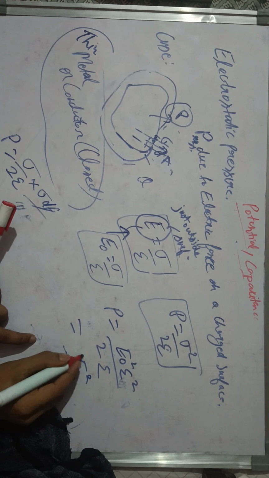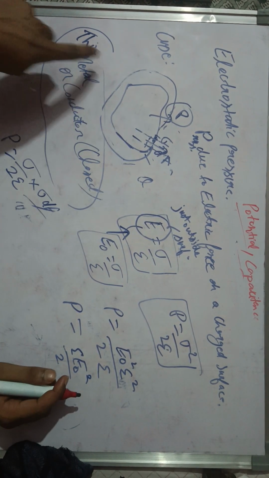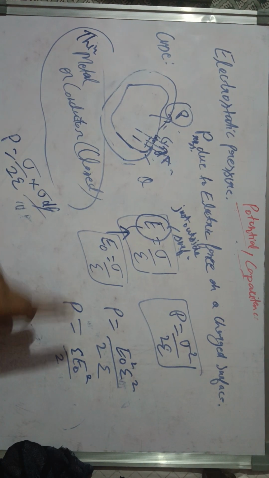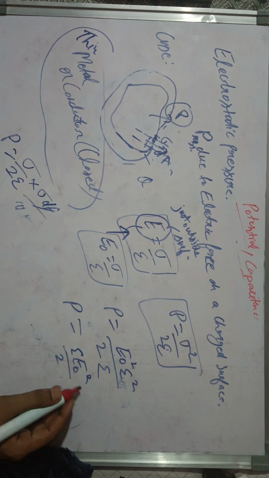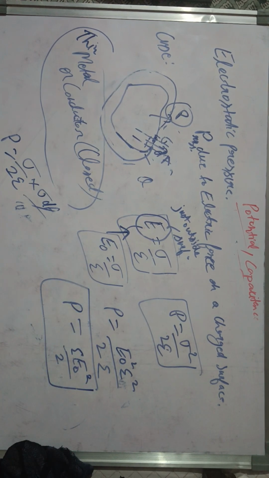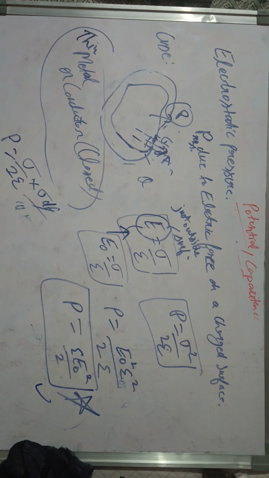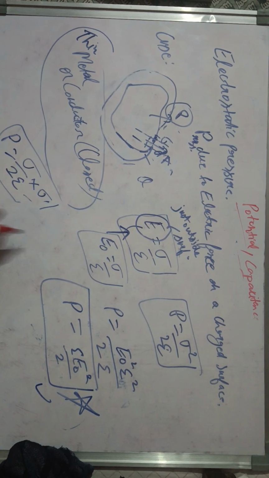So the electrostatic pressure on a metallic conductor surface is equal to epsilon naught into the electric field just outside the surface, squared, divided by 2. This is the formula for the electrostatic pressure, and we can also memorize this formula for pressure.